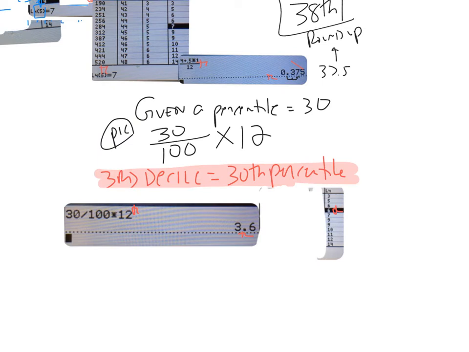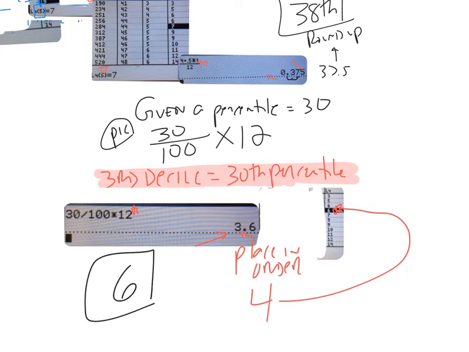So here we get 3.6. Remember, this is the place in the order that you're looking for your answer. So here we're going to round up to 4. So that means the fourth number in our list, in this case 6, corresponds to the third decile. So basically what that means is about 30% of the numbers are less than or equal to 6. So 6 is going to be our answer.